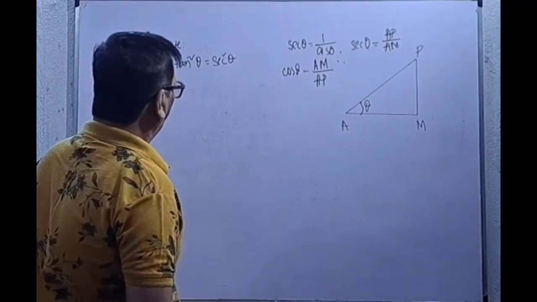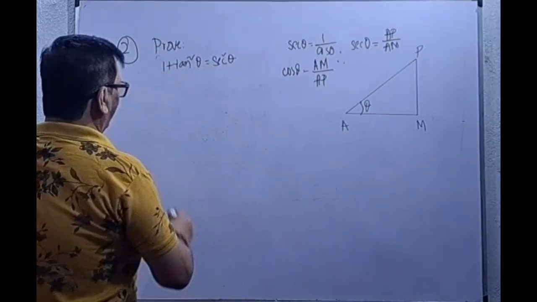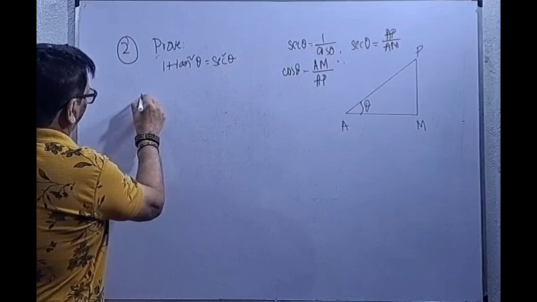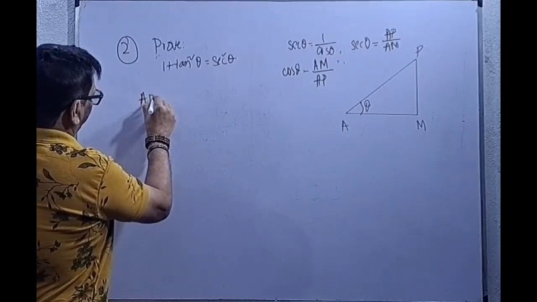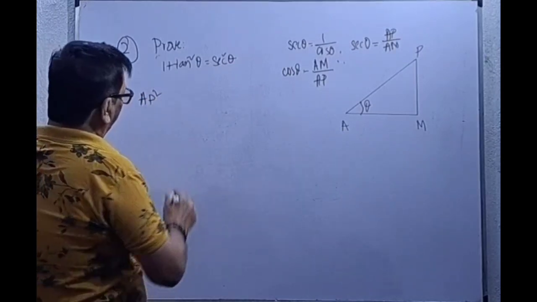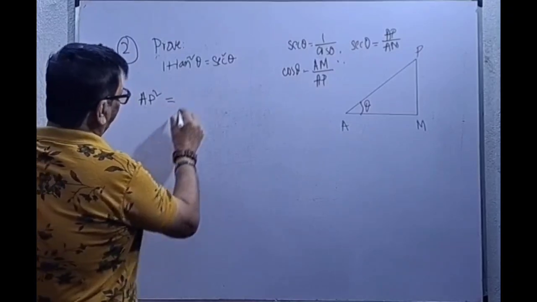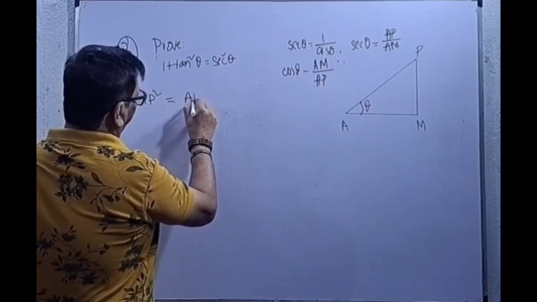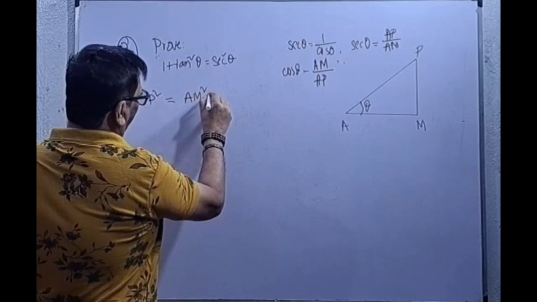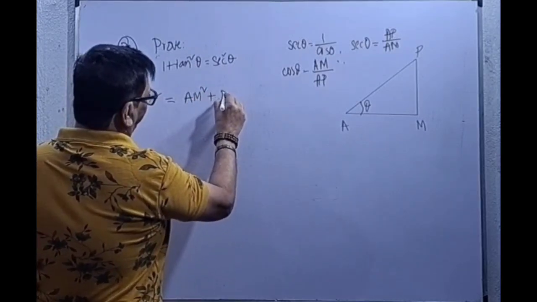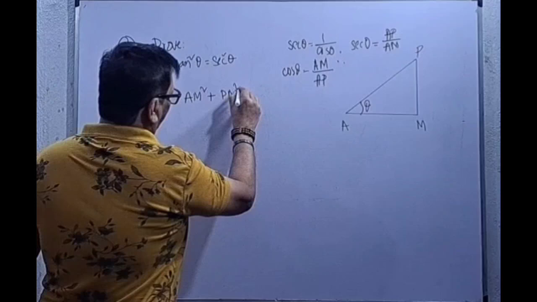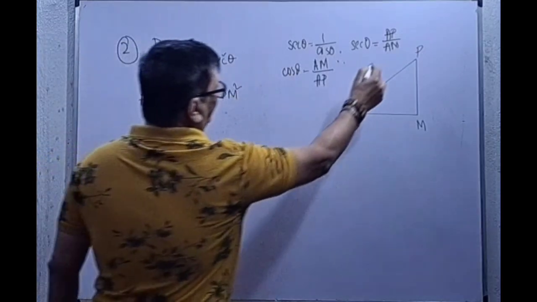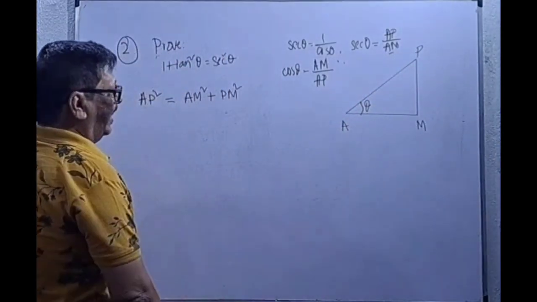Right? Okay. Now from this triangle we can write AP square is equal to AM square plus PM square, right? Okay. Now see, we need to bring AM below.